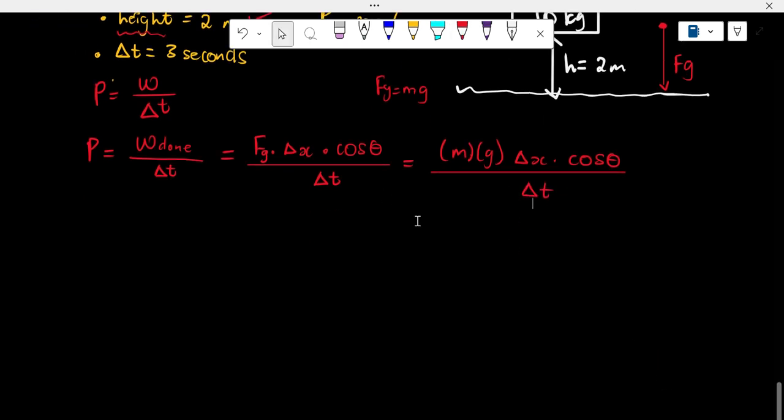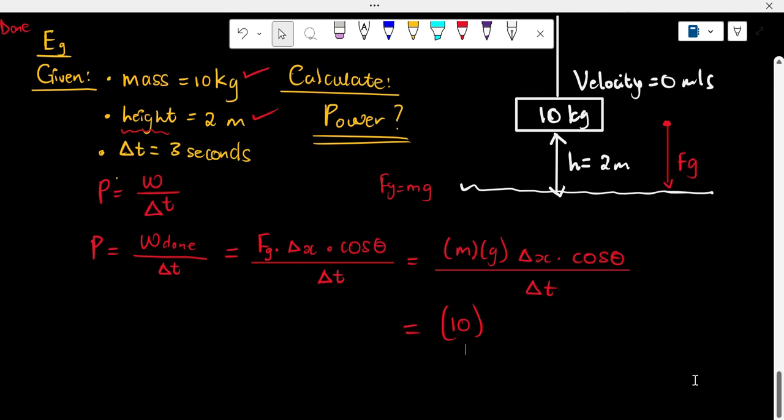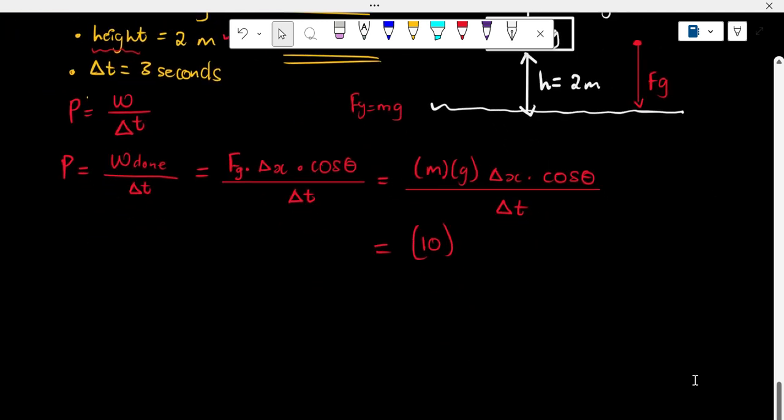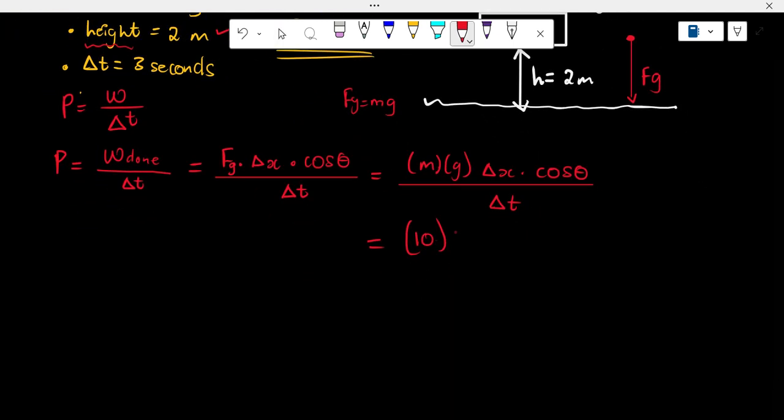If you substitute, the mass of this object is 10 kg, so that's what we were given, and the gravitational acceleration is 9.8. We all know this. And then the delta x, the height basically, is given as 2. And then we take the cosine of 0 degrees, and we divide this by 3 seconds.